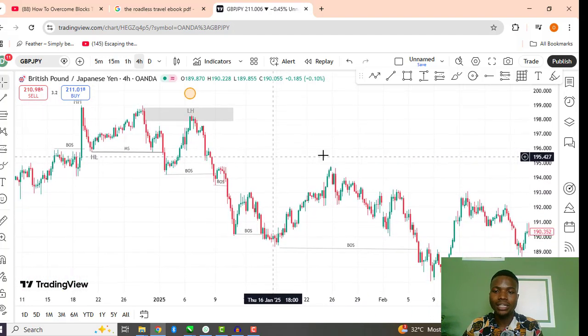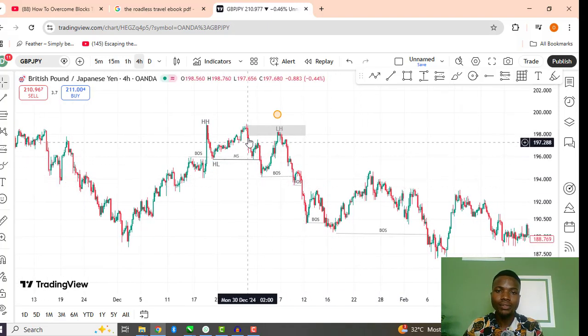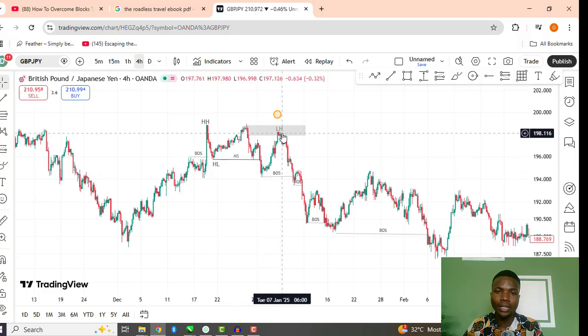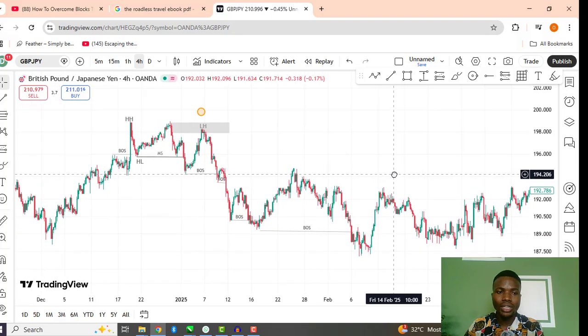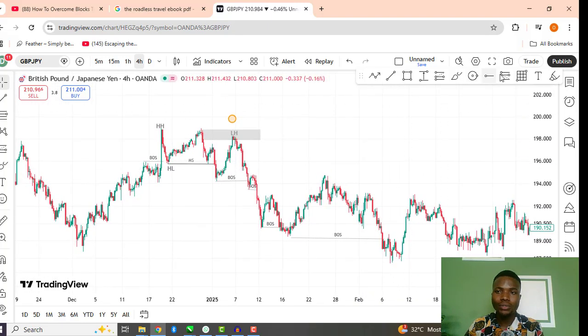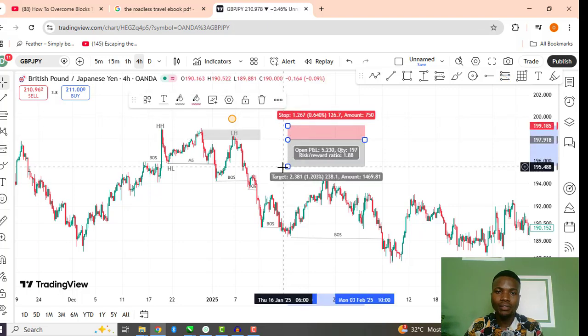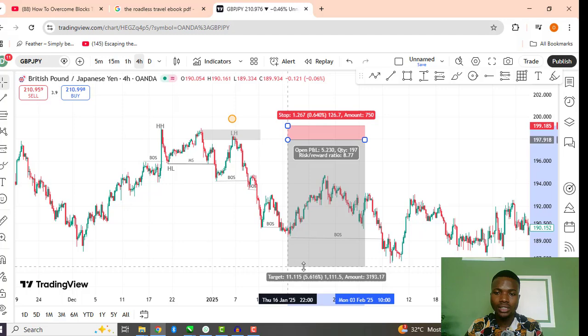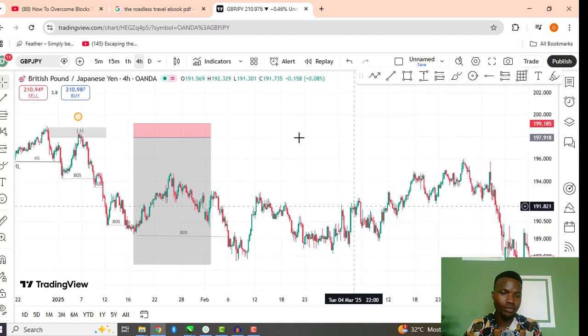Look at this selling momentum. Price came all the way up here, and price starts selling massively, from this level down to this level right here, before price continues its upward movement.